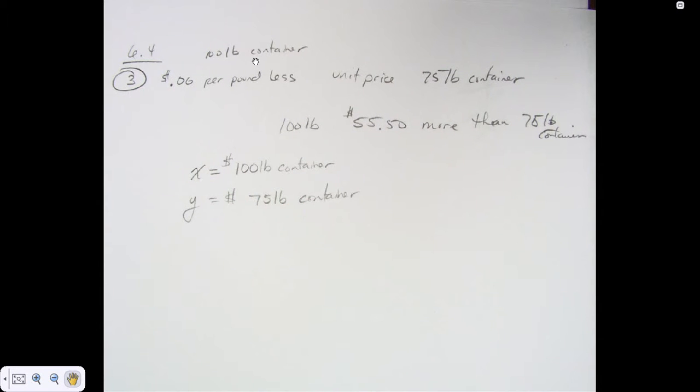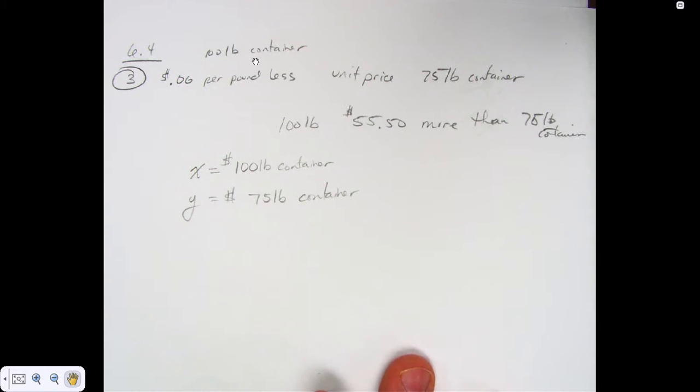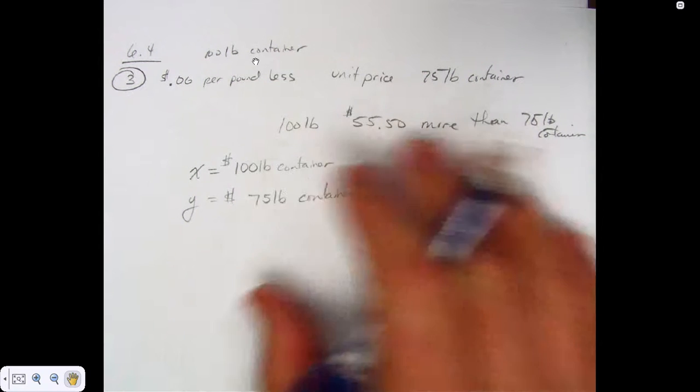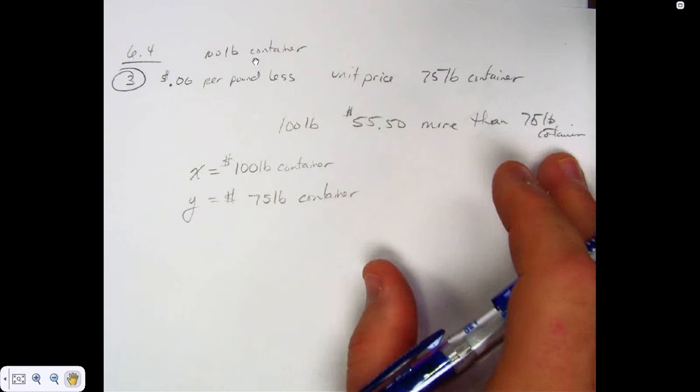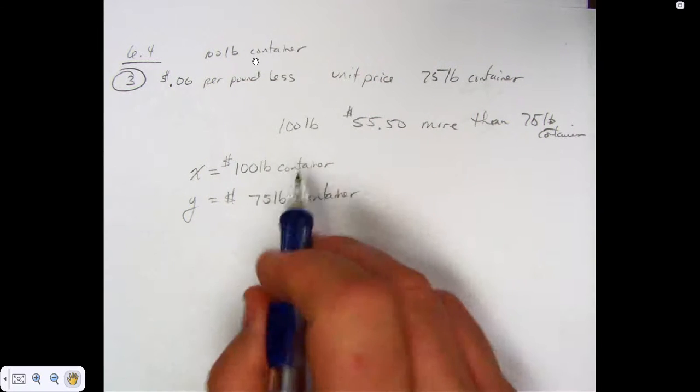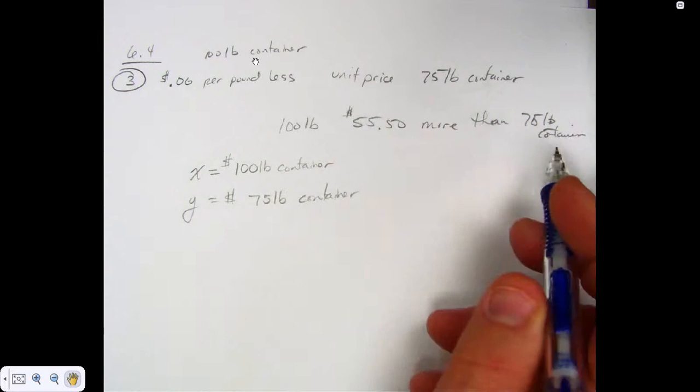And now see if we can get some stuff here. First of all, if we do it this way, the 100-pound is $55.50 more.